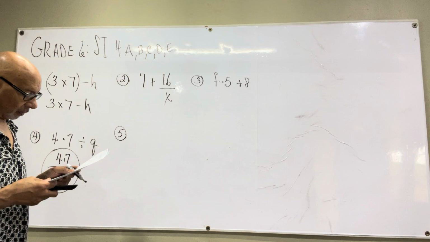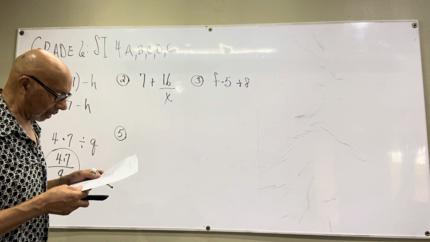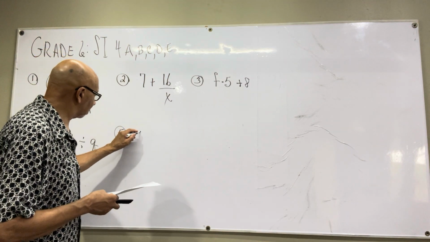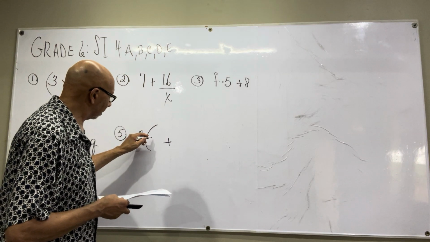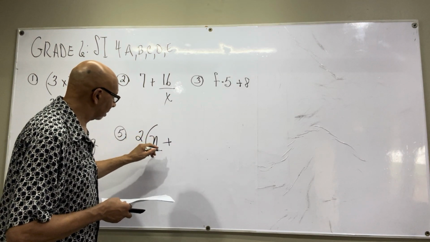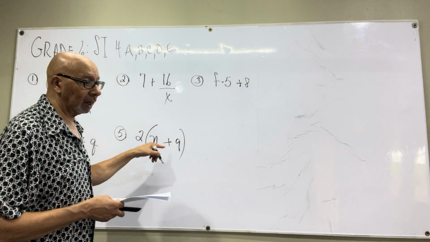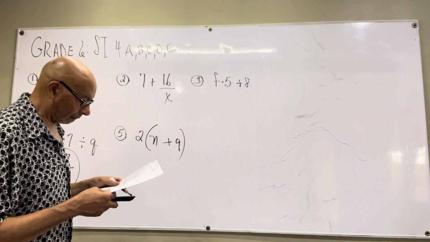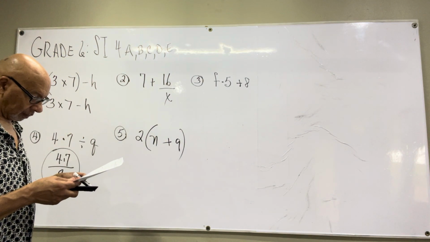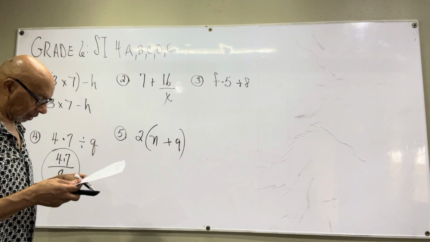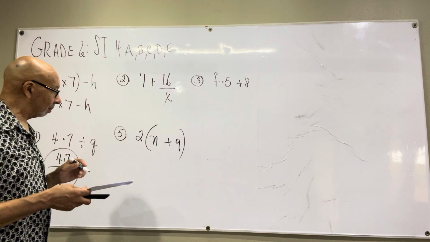So next one. 2 times the sum of a number and 9. So 2 times the sum of some number, we'll call it n, and 9. It could be a and 9, b and 9, x and plus 9. Now the next one says divide G by 7.